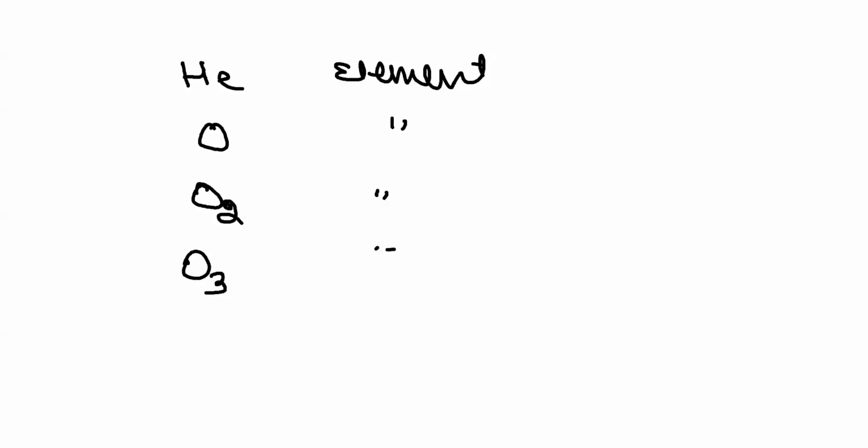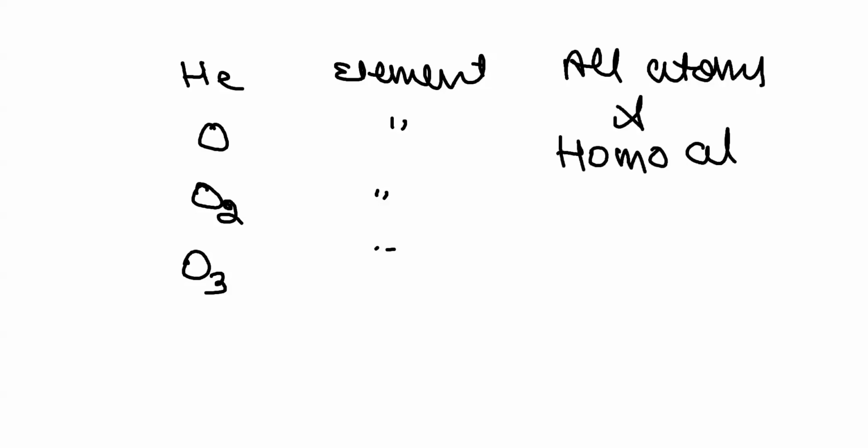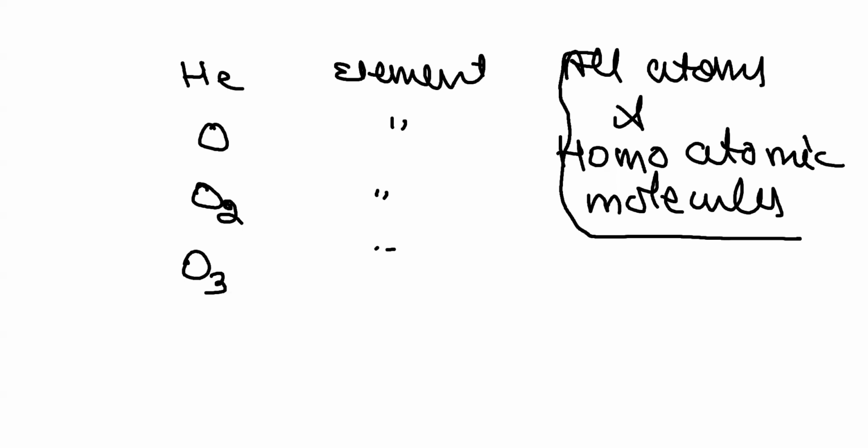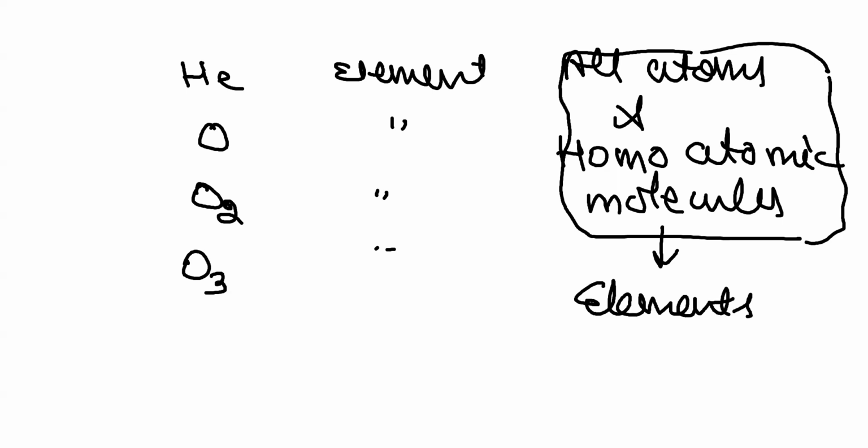So always learn one thing: all atoms, number one, and homoatomic molecules. What is the meaning of homoatomic, beta? Molecules having the same type of atoms, only one type of atoms. These are always called elements. You can write anywhere in the copy that these are elements. Could you repeat, please?